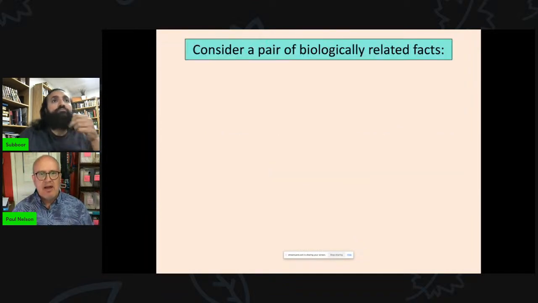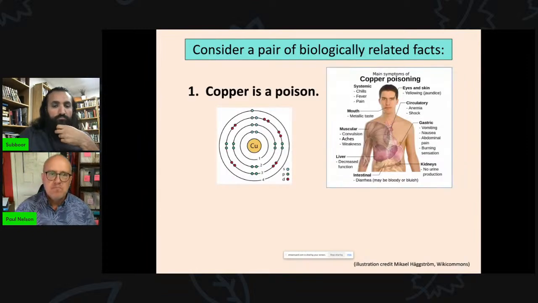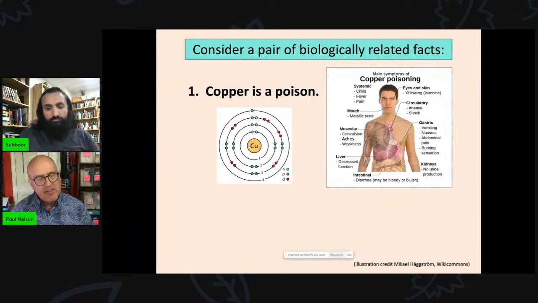Now let's apply it to biology. All right, let's get our two facts on the table. Copper is a poison. You do not want otherwise unemployed copper ions sloshing around the cytoplasm of your cells. It's a highly reactive metal. It can create all kinds of mischief.